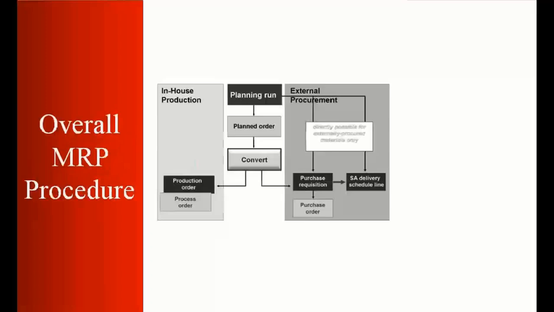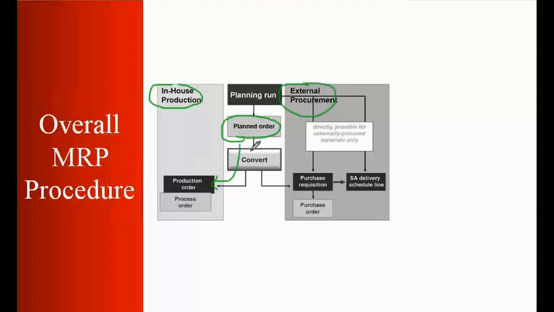Now when the MRP runs, anything which is in-house production, here you have in-house, here you have external. MRP will run, and for anything which is in-house it will create a planned order, and the planned order will be converted to a production order.